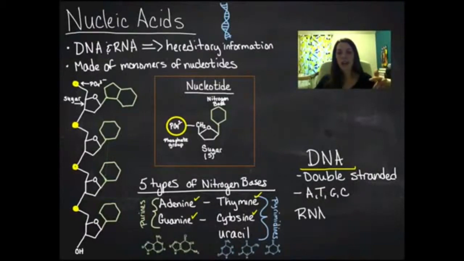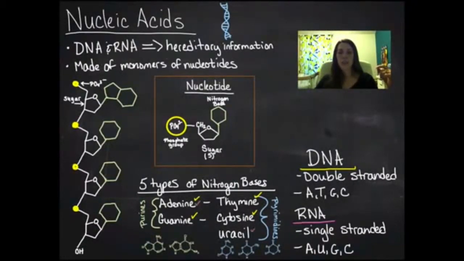And then RNA is single-stranded, and I'm going to have A, U, G, and C. So I'm going to put a pink check mark next to A, U, G, and C. And so that's your basics on the monomers of nucleic acids.